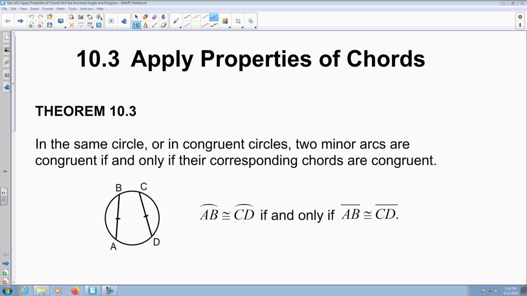A minor arc would be something like this, like AB, and something like this with CD. So they're saying that arc AB is congruent to arc CD if and only if line segment AB is congruent to line segment CD.